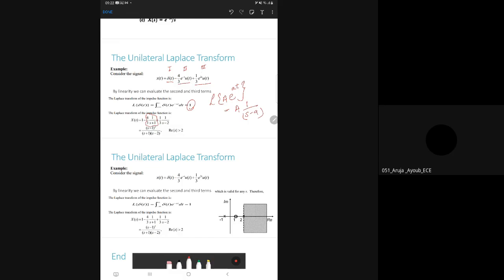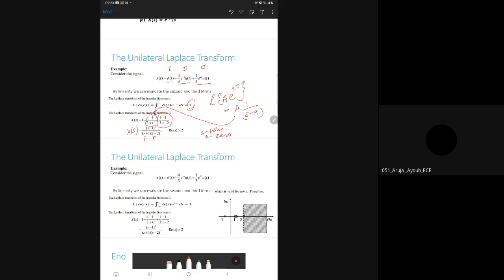You can apply it here, and you will get the Laplace transform of the second term. Then you can similarly find the Laplace transform of the third term and combine them together. Then you solve it and you will find that there are two poles and two zeros in this Laplace transform x of s.